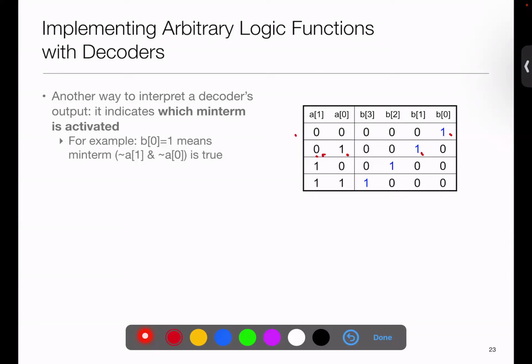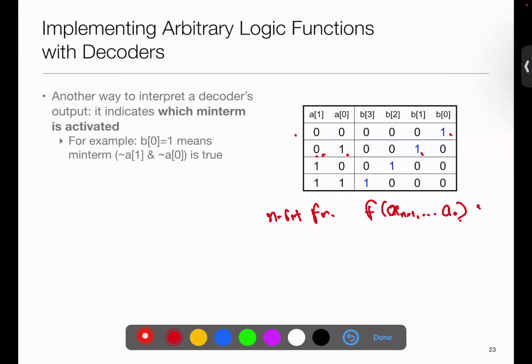If I have an n-bit function, then I can use an n to 2 to the power n decoder. So if I have an n-bit function, that is, it takes f of A(n-1) to A0, then the truth table for this will have 2 to the power n rows.